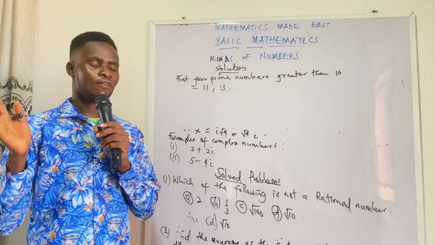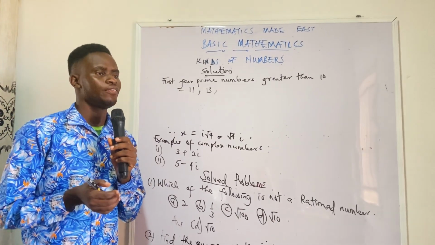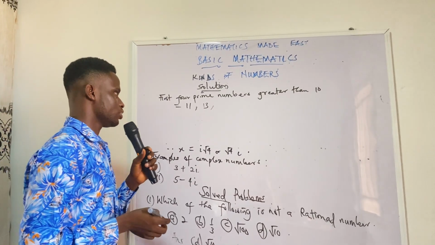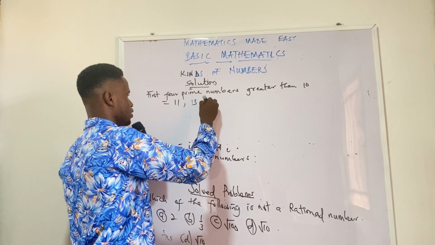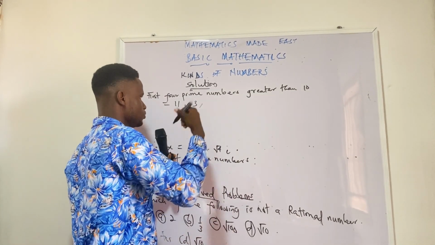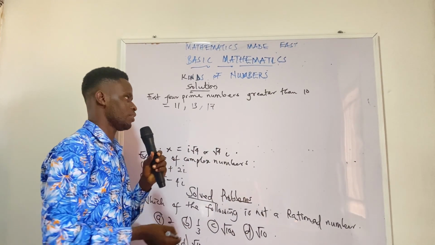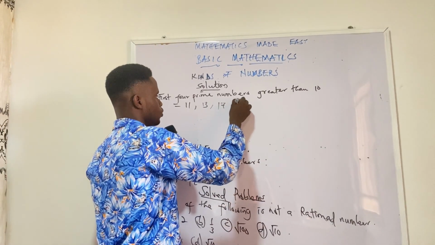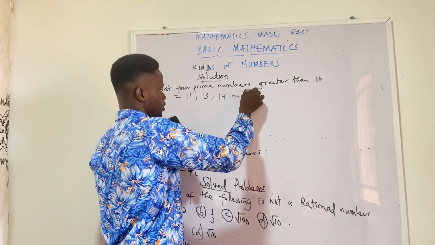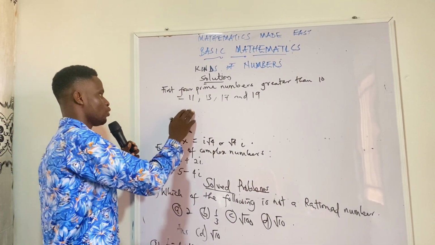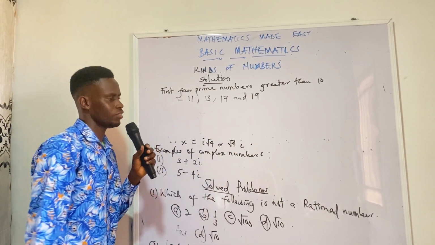That is 4 factors, so 15 is not a prime number. The next prime number is 17. It's only 1 and 17 that can divide 17. And the last one is 19. There's only 1 and 19 that can divide 19. So those are the first 4 prime numbers greater than 10.